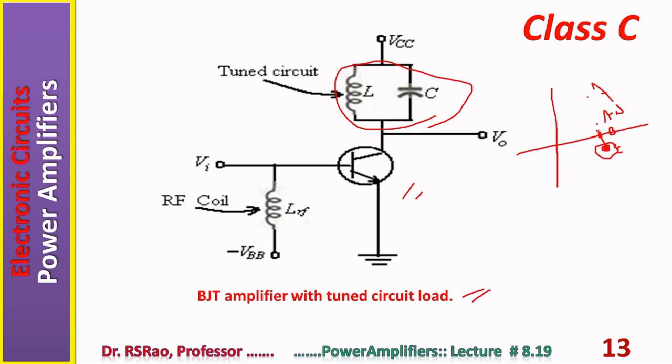Only that part of input signal which exists in the active region conducts and hits the resonant circuit into oscillation. Those oscillations are output of the amplifier.